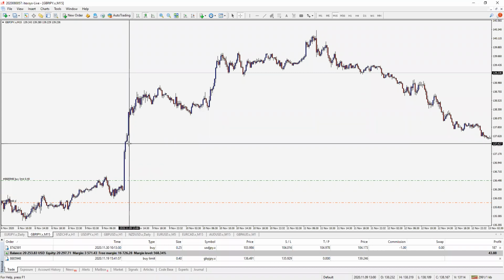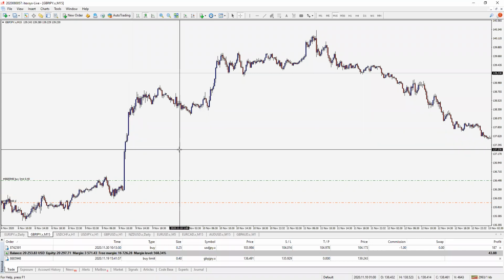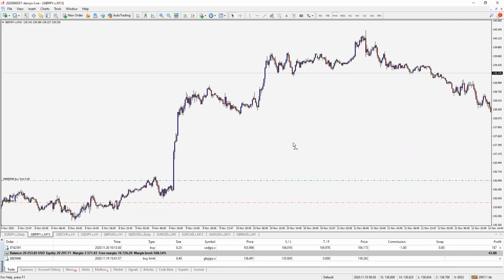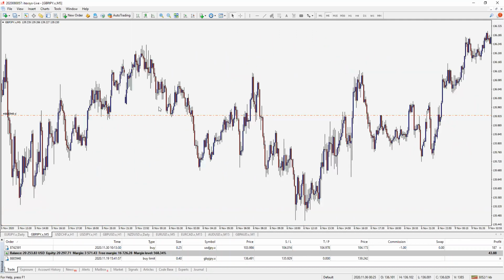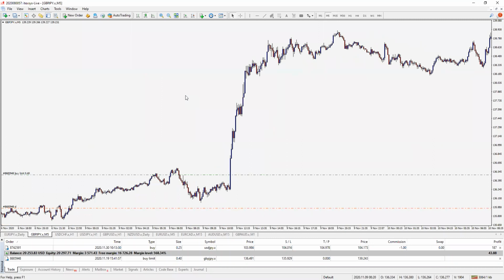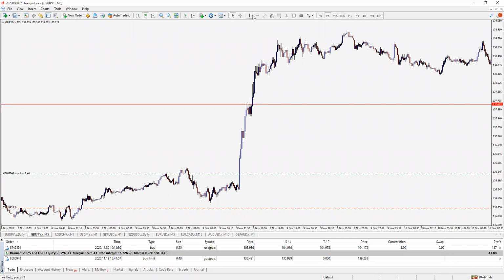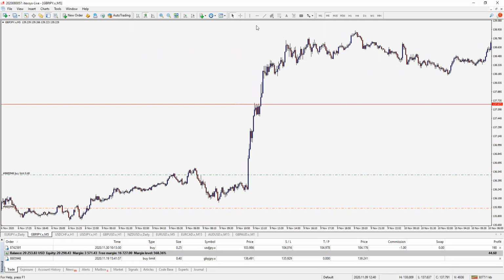Still, as you can see, the price runs away from that level very fast. Last check, this is the 5-minute, and this is what we have. So it's this one, or this one.